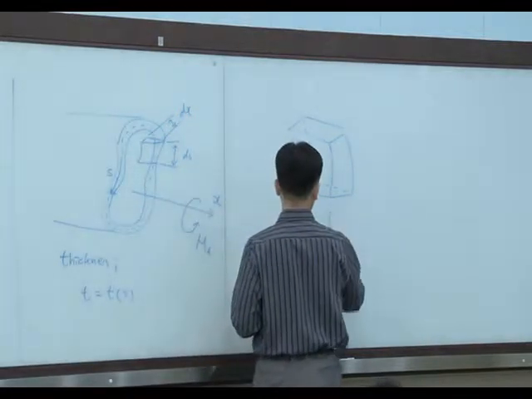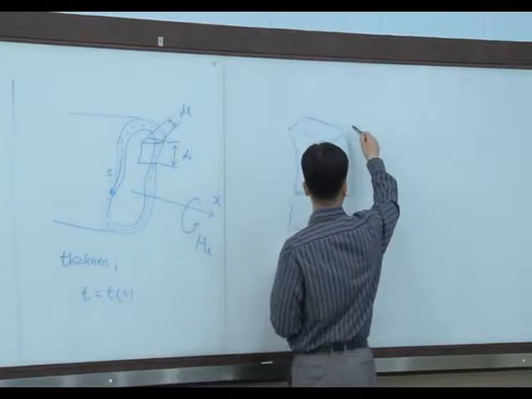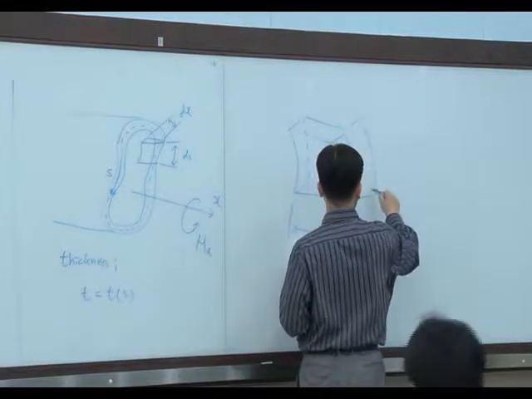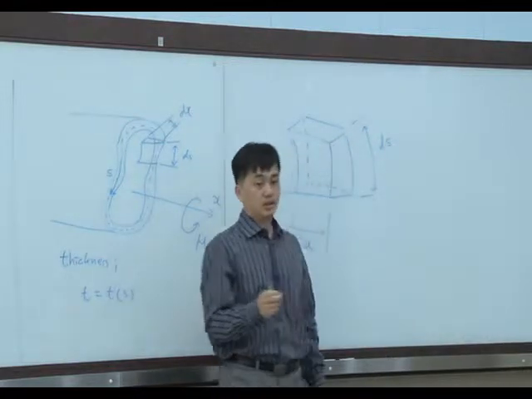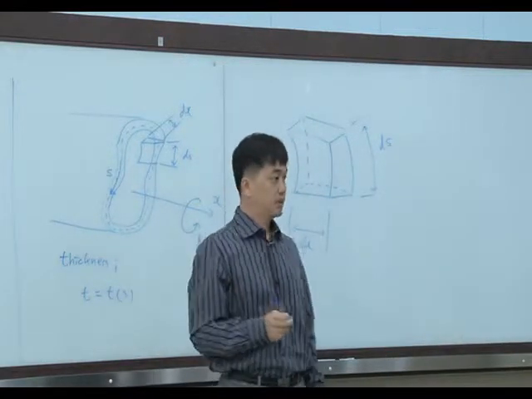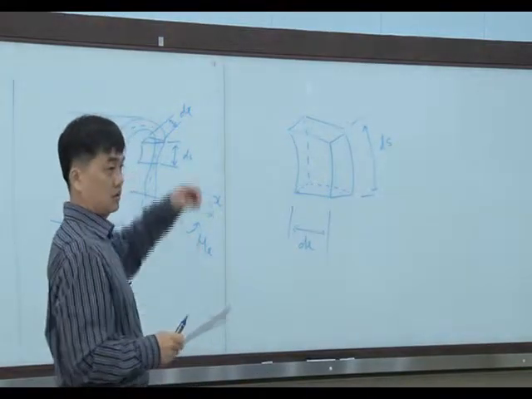It has length dx from here to here, and ds. This is a very small part of the cross section.